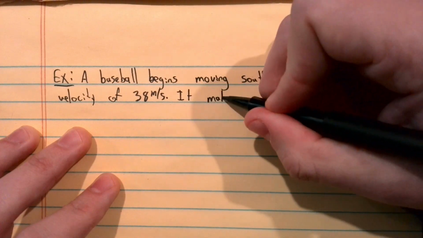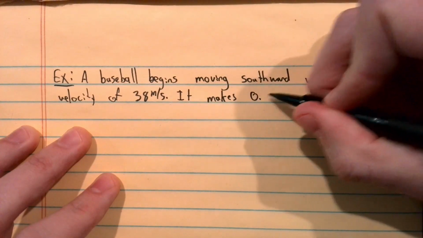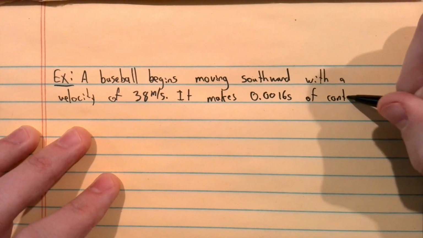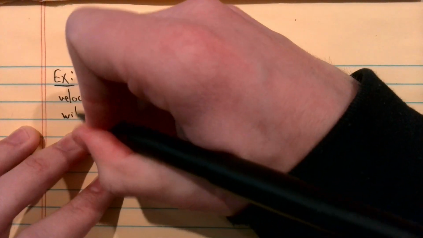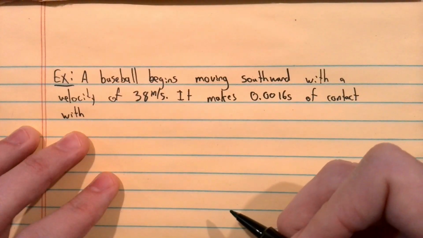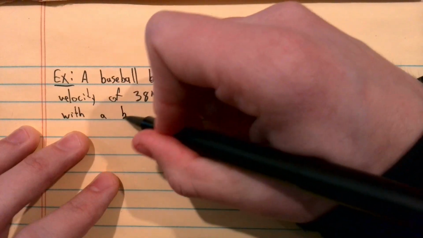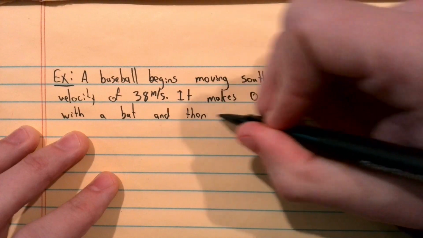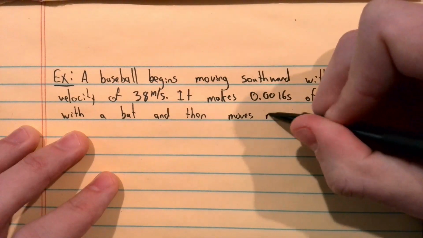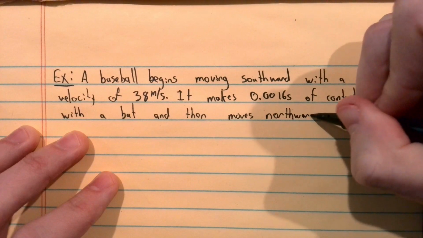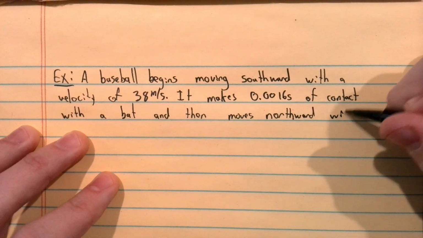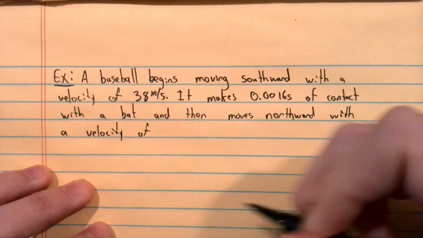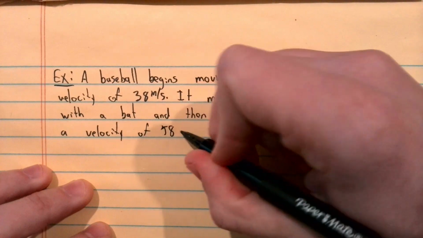It makes 0.0016 seconds of contact with a bat and then moves northward with a velocity of 58 meters per second.